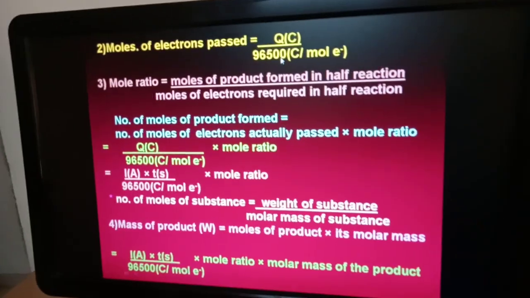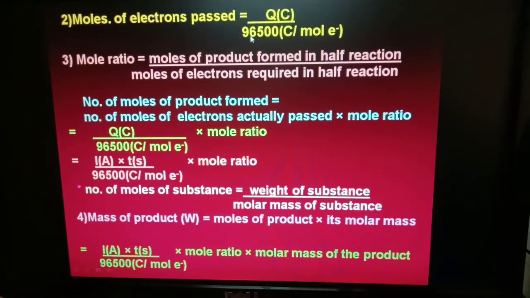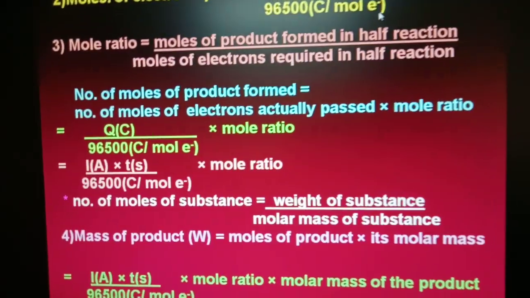Next we see moles of electrons passed. We can calculate moles of electrons passed by taking Q divided by 96,500 coulomb per mole electron.